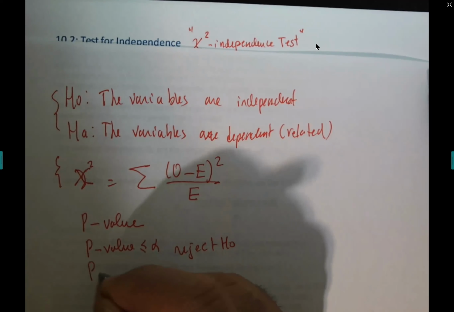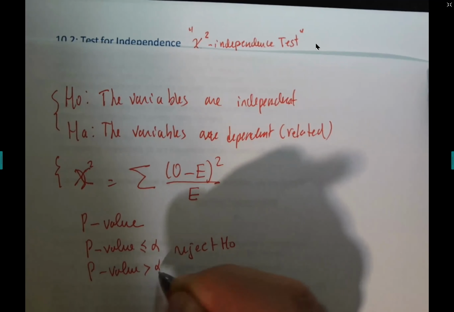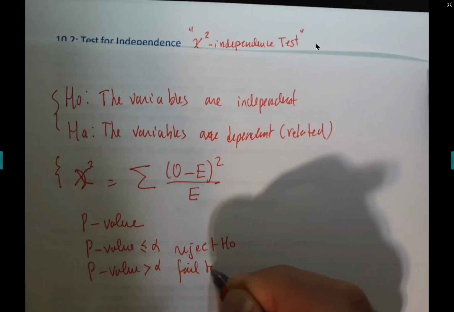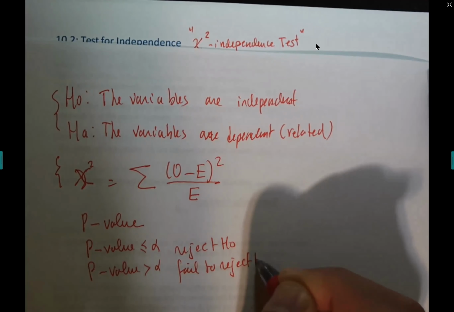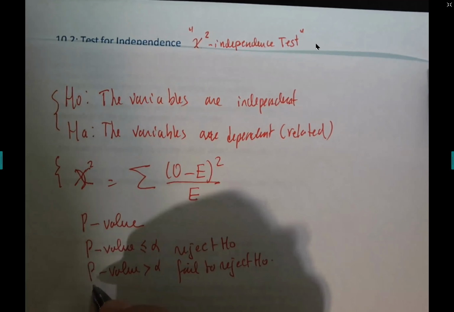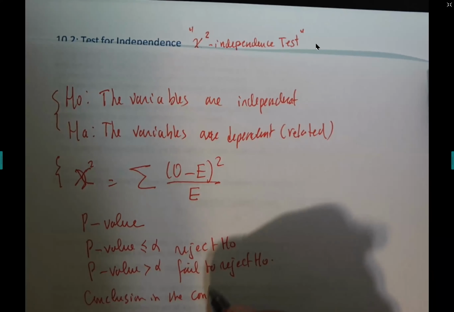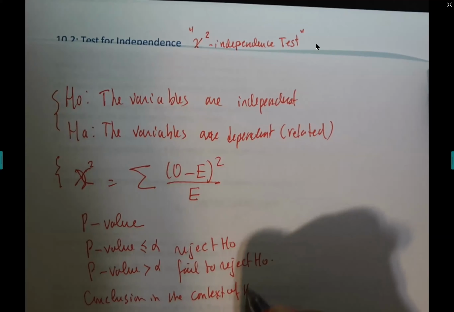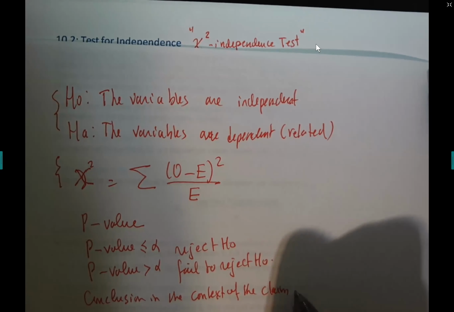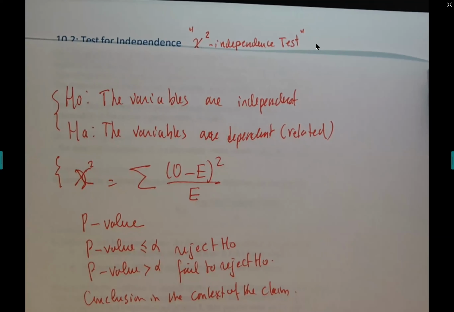If the p-value is more than alpha, we fail to reject H0. And then step number 5, you just write the conclusion in the context of the claim. Same 5 steps. I'm going to walk you through the steps by doing an exercise, and we'll go from there.